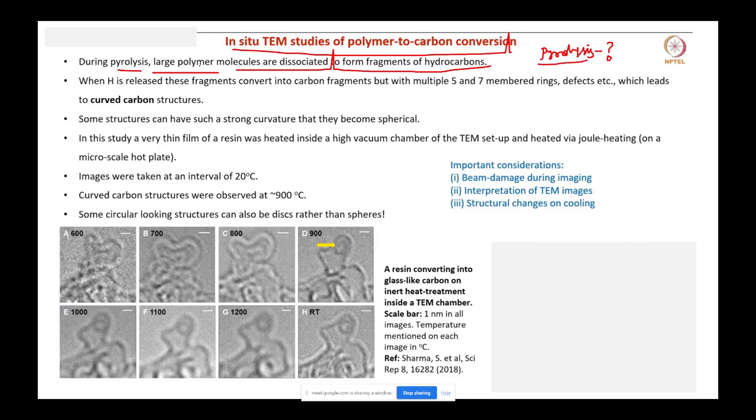The question is, they said that during pyrolysis. So what is pyrolysis? I explained it in the last lectures.